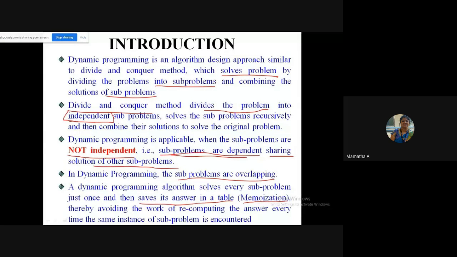Don't think I have put a spelling mistake here; it is called like this itself. Memoization. It means storing the solution of a sub-problem in a table so that we need not redo the task when the same instance of the sub-problem is encountered. I can reuse the solution and need not recompute it. Whenever it is required, I can simply use the answer.